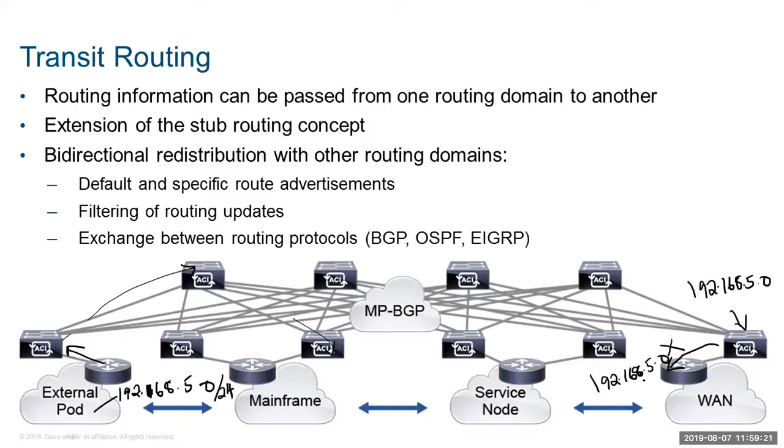Why did they not propagate it? They did not want traffic. They did not want that. So Cisco initially said it's going to be a stub network.